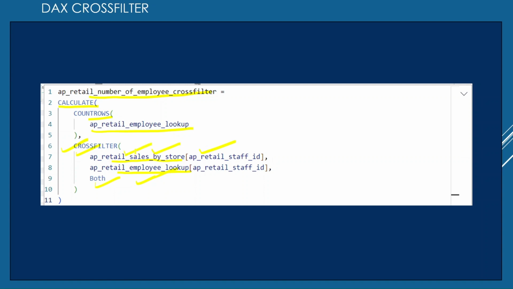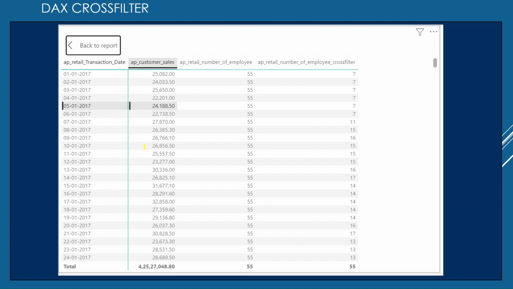And when we are going to create the report, this is the transaction date which is coming from the AP calendar table. This is the customer sales. This is the AP retail number of employee. This is the measure which we created to count the number of employees without CROSSFILTER, where every row has the same value.